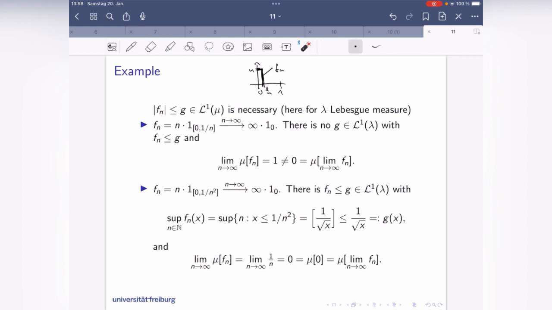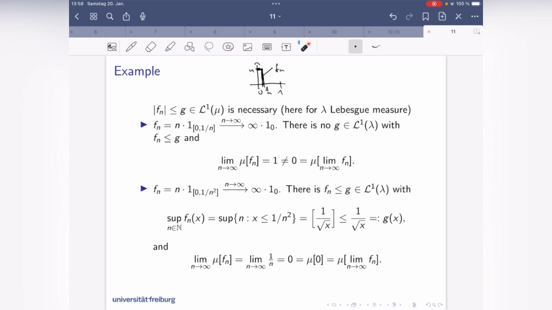When I integrate this, I have, well, 0 to 1 over n, that has an area 1 over n times n, which is just 1, so the integral is 1. And the pointwise limit, well, it's infinity at 0, and otherwise it's 0.